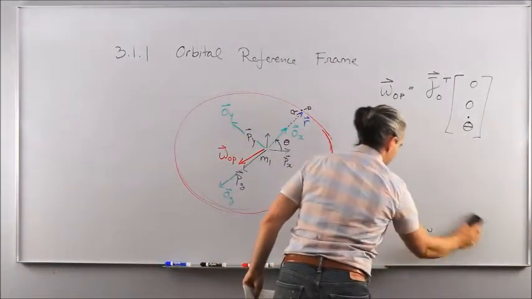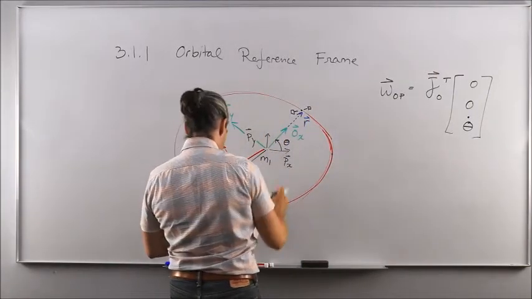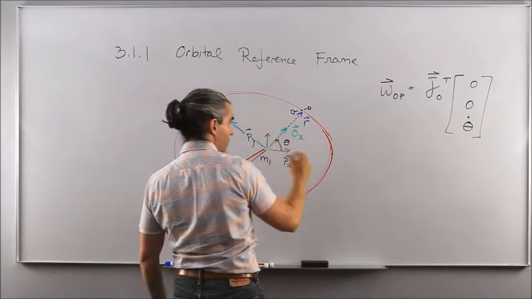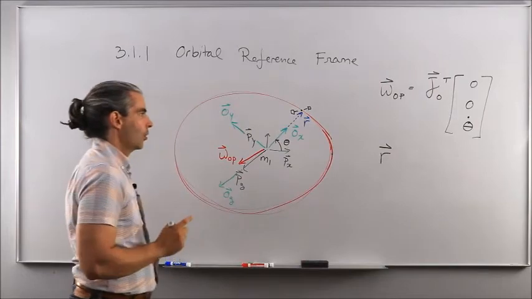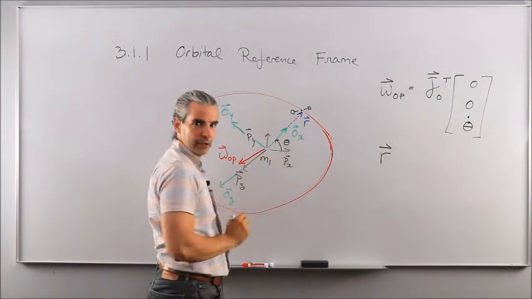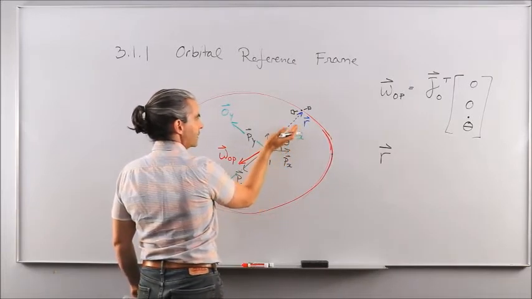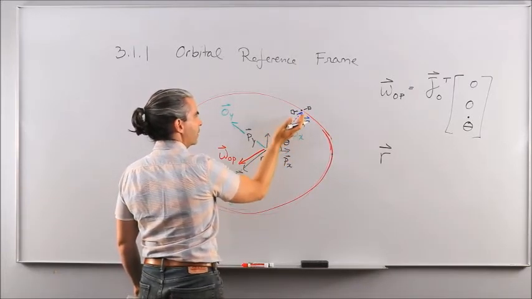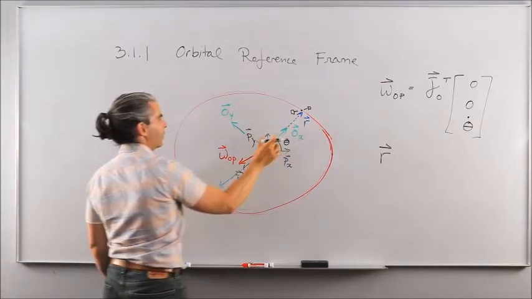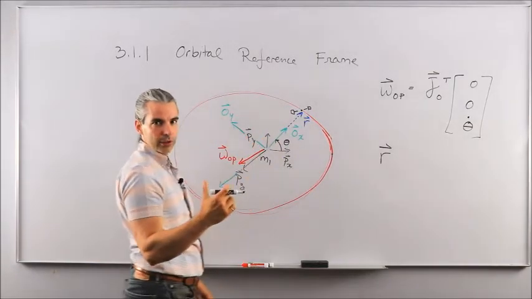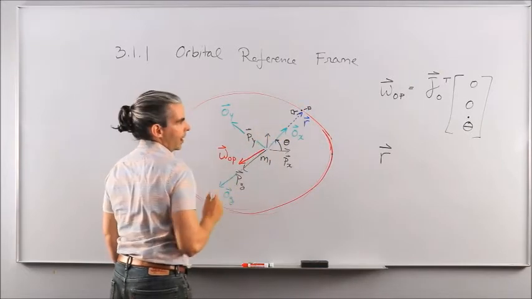Well, we can easily see that inside the orbital reference frame, the components of our position vector will always be along OX only, correct? Because OX is always in the same direction as R. So there's no way that the R vector, which is in blue, can have either a Y component or a Z component, because R is always dead center on OX.